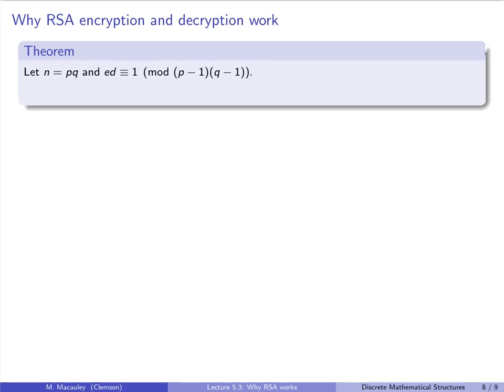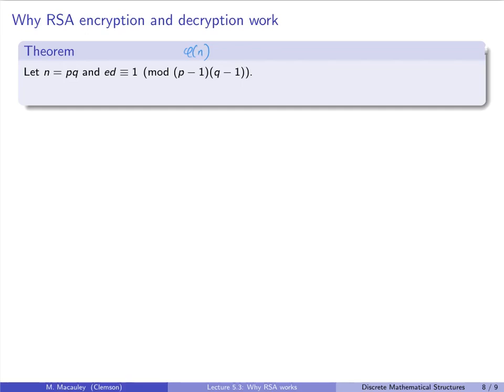First, n is p times q. I didn't write it, but those are both prime. And then e times d is equivalent to 1 mod (p minus 1) times (q minus 1), which I'm going to write as phi of n like we did in the previous lecture. This is Euler's totient.